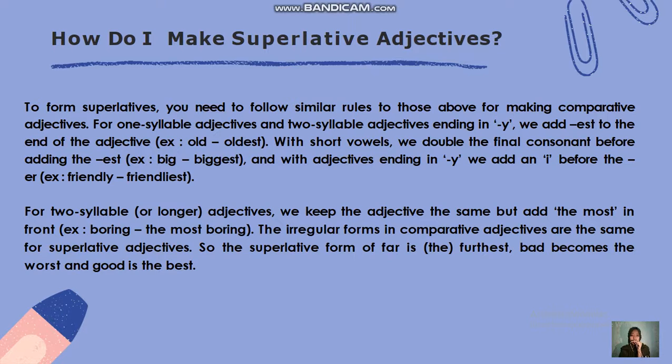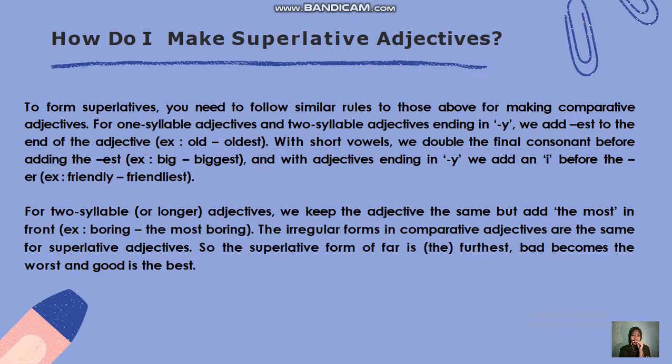How do I make a superlative adjective? To form the superlative, you need to follow similar rules to those above for making comparative adjectives. For one-syllable adjectives and two-syllable adjectives ending in "y", we add "est" to the end of the adjective. With short vowels, we double the final consonant before adding the "est". Example: big, biggest.